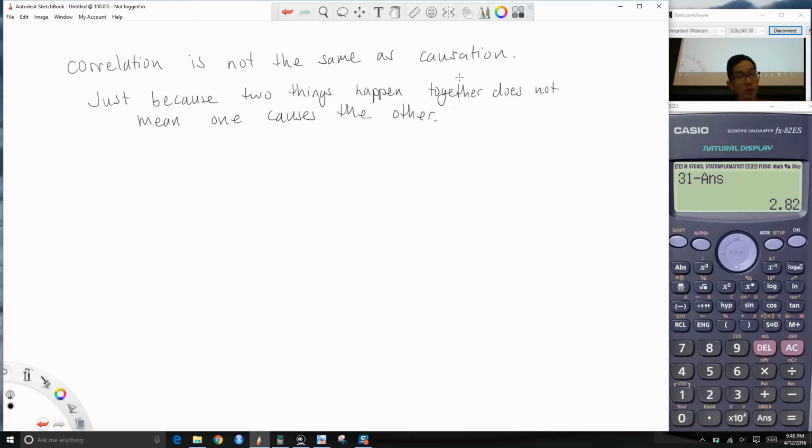Correlation could give us an indication of things that we should investigate for causes, but it does not necessarily mean one causes the other, okay? Correlation can aid in an investigation for causes, but it is not proof of cause in and of itself.